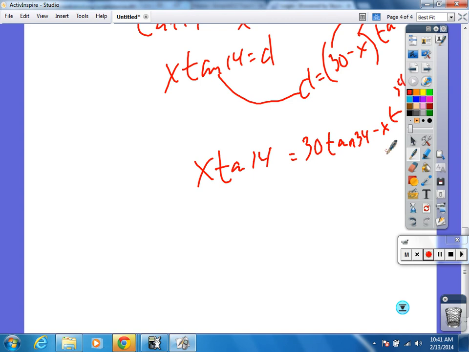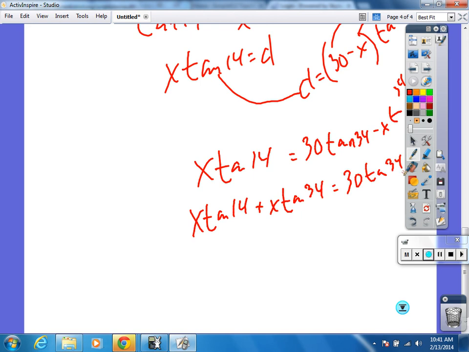Put everything with an X on one side: X tangent of 14 plus X tangent of 34 equals 30 tangent of 34.